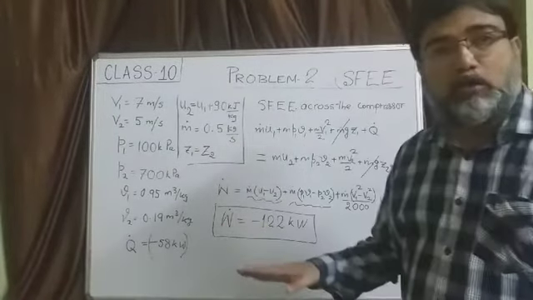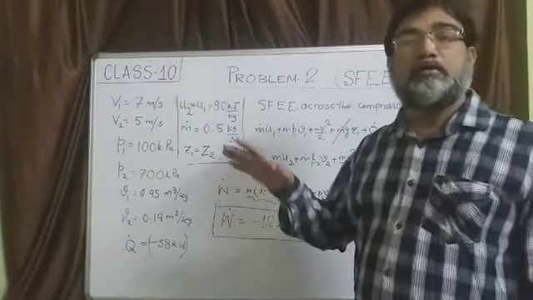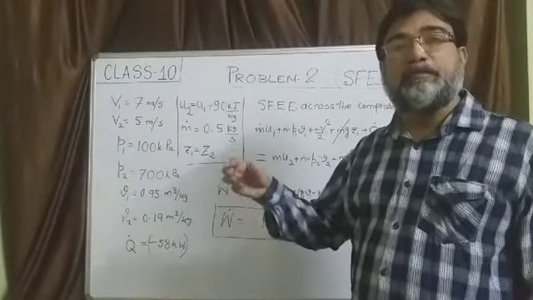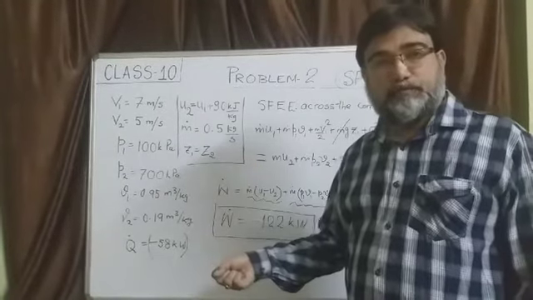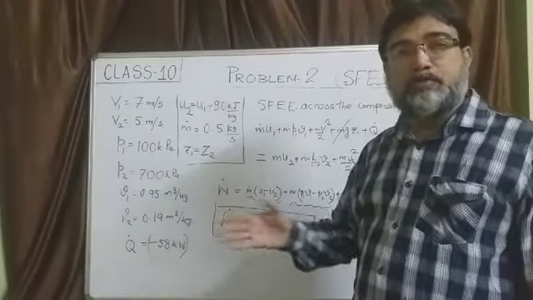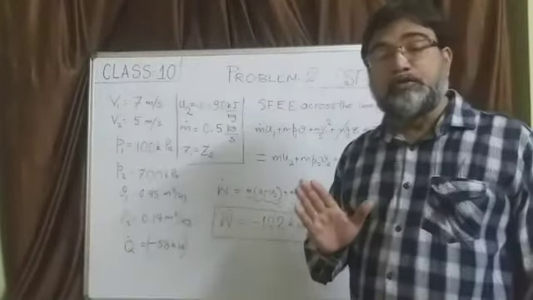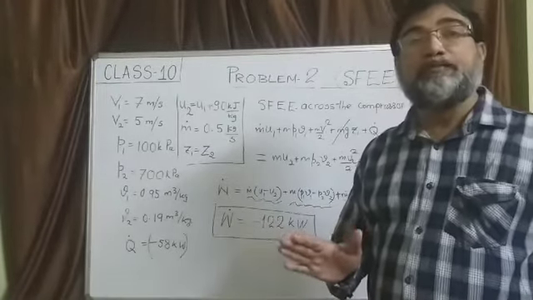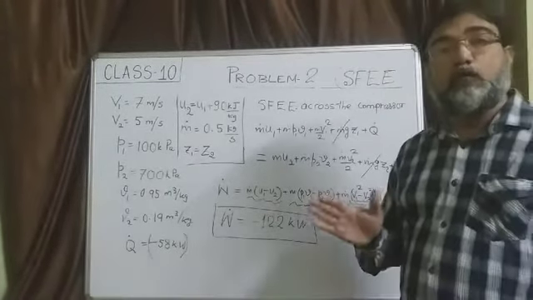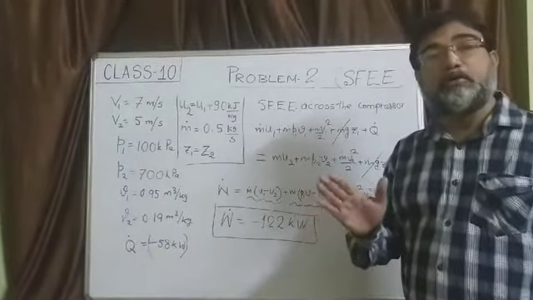So the quantities are already given with a time unit, and the mass flow rate is also given. In such a situation you have to take the steady flow energy equation based on per unit time.